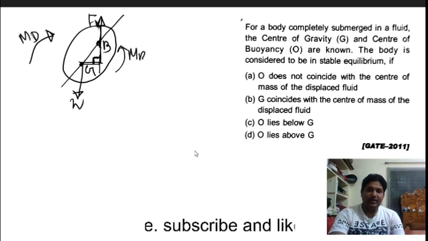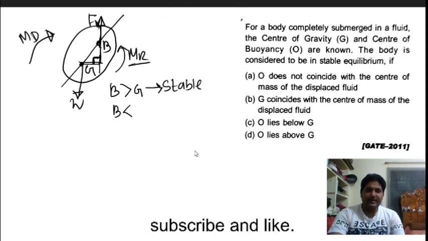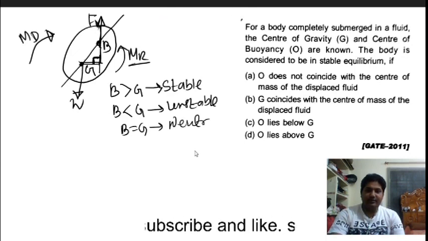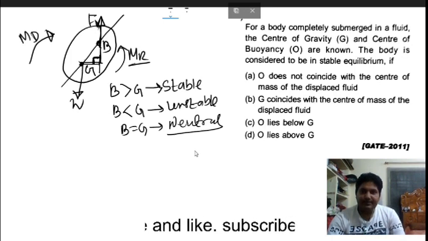As long as the center of buoyancy is above the center of gravity, the body is in stable equilibrium. When B is below G, the body will be in unstable equilibrium. When B is equal to G, that is called neutral equilibrium.